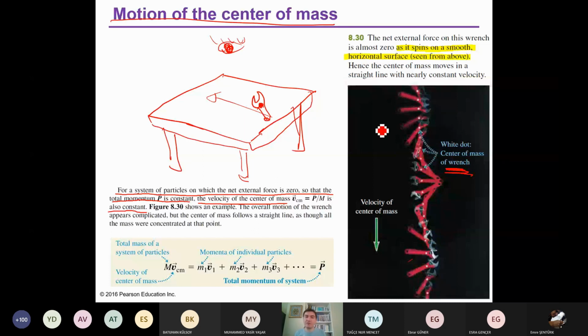So what about the forces acting on this range? Let's consider that this surface is frictionless and there is no net force acting on this range along the x-axis, and no force along the y-axis. Let's consider this is the x, this is the y, and what about the z-axis?